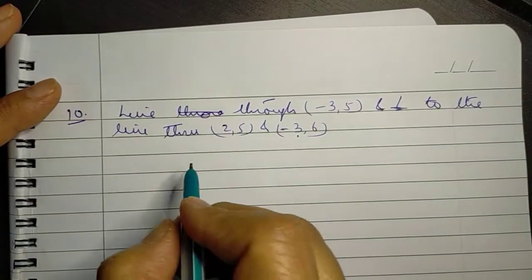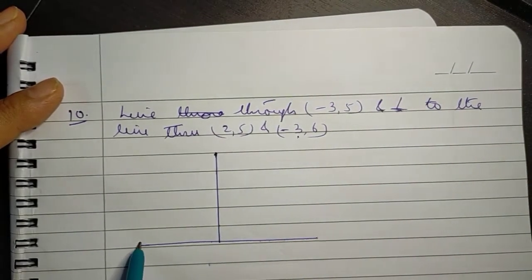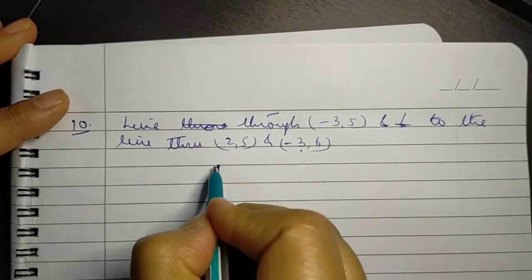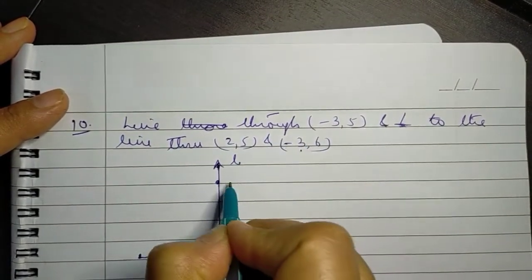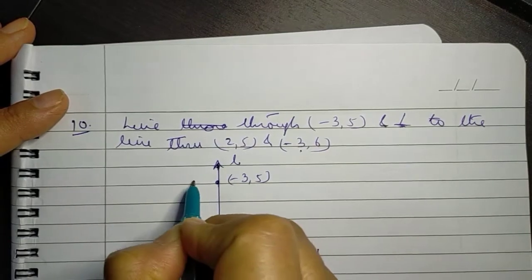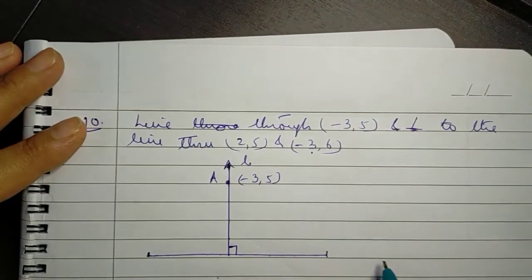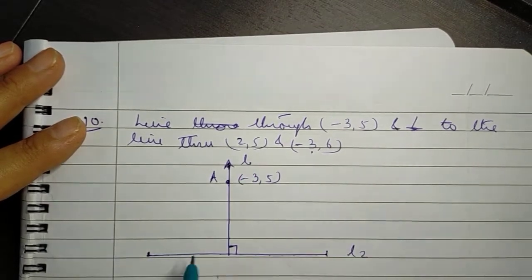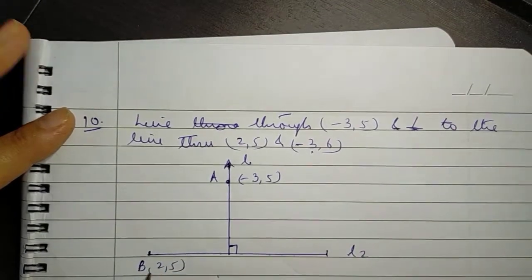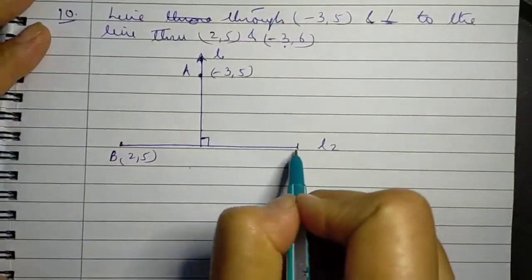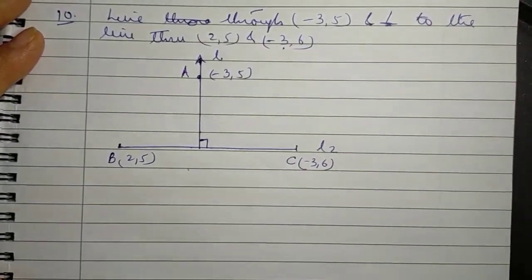So again what we do is, let's just draw a rough sketch. We are given the required line is L, which passes through the point minus 3 comma 5. So let us call it A. It is perpendicular to the line L2, which passes through these 2 points. So let's call it B, 2 comma 5, and let's call this point C, minus 3 comma 6.